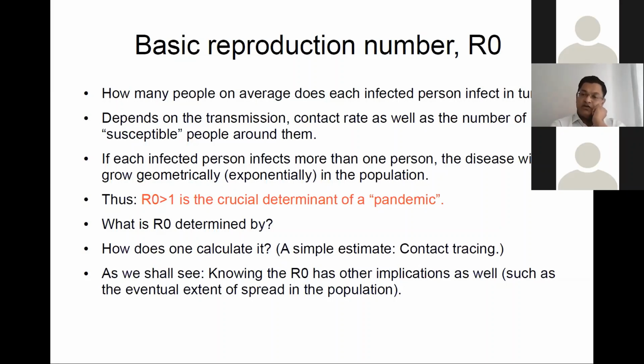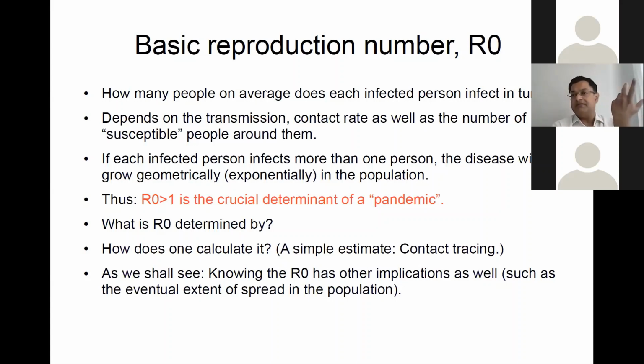Now, what was the crucial step in knowing whether an infection will spread in a population, whether it will grow in a population? The crucial step is to ask whether this basic reproduction number, R0, is greater than 1 or not. If the R0 is less than 1, that means one person is going to infect fewer than one person.